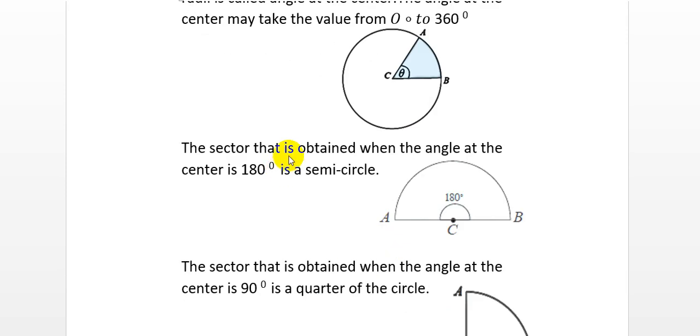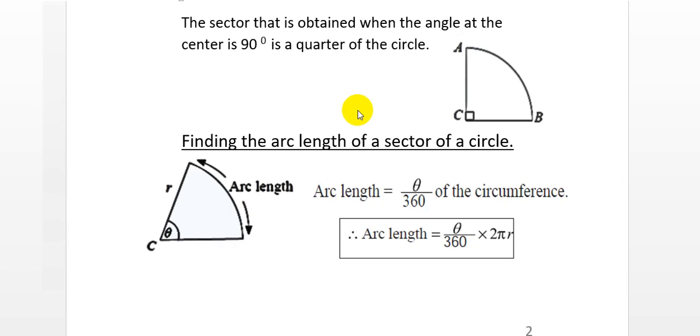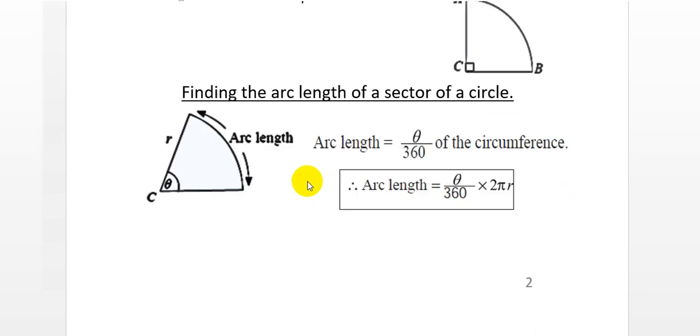Since the sector of a circle refers to a portion of this entire circle, we rewrite the equation, or we write the equation for arc length as follows. As you can observe in this image, this is a sector of a circle.